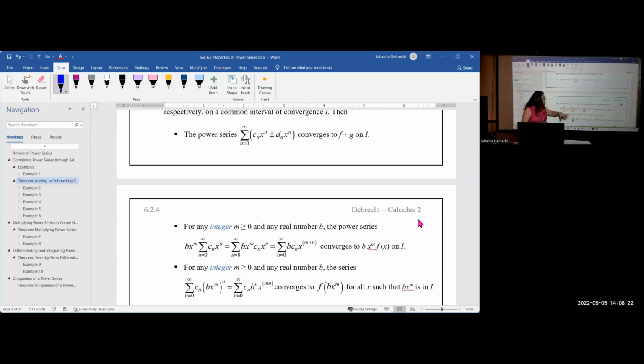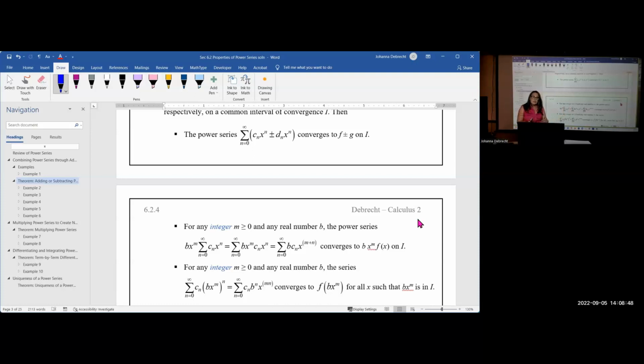And again, we're assuming that we've got some whole number here, and we've got some real value right here, b. We know that it will converge to that same constant b, x to the mth power, m as in Mary, multiplied by the function that the original power series converges to.